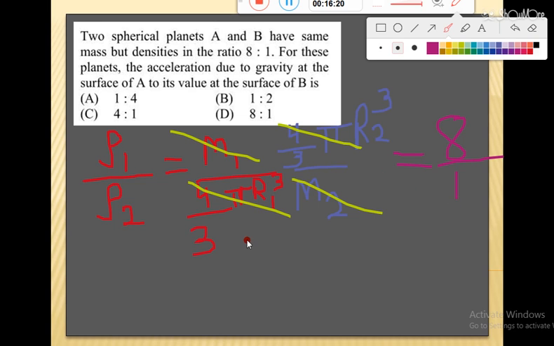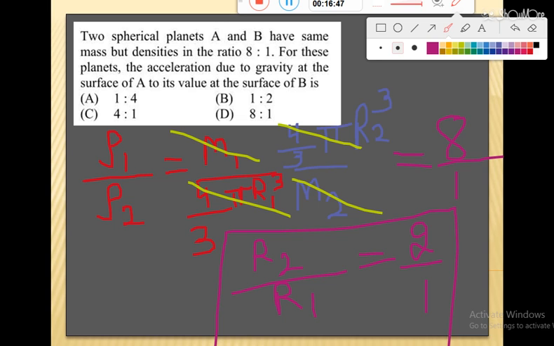If I take cube root on both sides, then r2 by r1 is equal to 2 by 1. So this is the relation. Up to this point you can note down the solution, then we will do the next part.